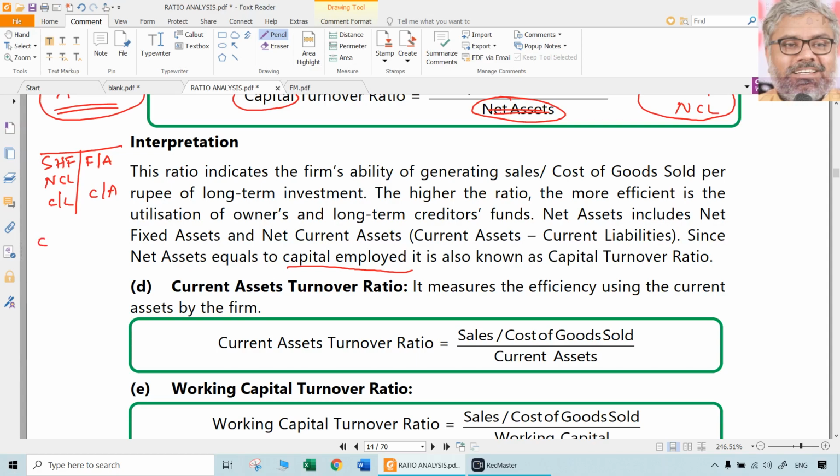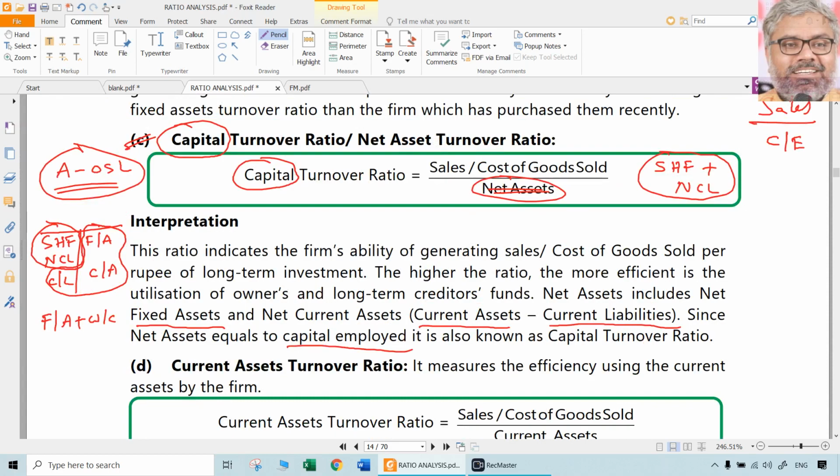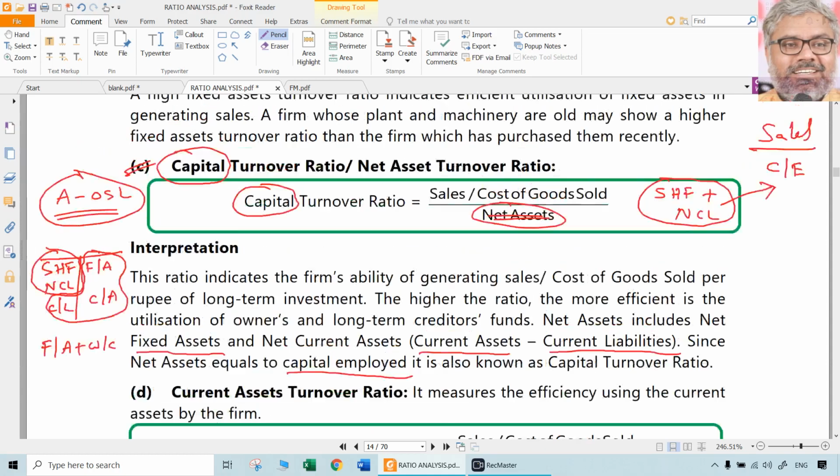Earlier I told this can be even found out by using this formula, fixed assets plus working capital, which is nothing but fixed assets plus current assets minus current liabilities. What else is remaining? Remaining two things are these: shareholders funds plus non-current liabilities. That's what we are taking as capital employed. That is a better thing to be taken. So that is capital turnover ratio.